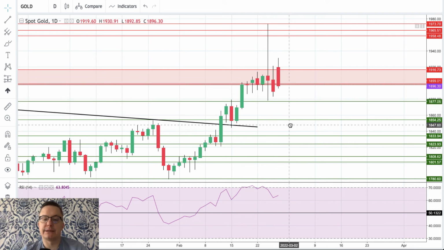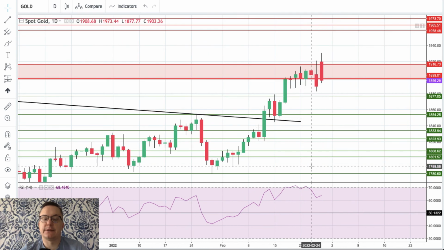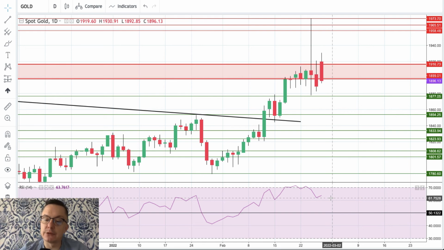Maybe the bears are back, but we need to take a look at the momentum as well, and the momentum shows us that we are still in the positive territory, and momentum is quite strong, 63 points right now. So maybe not all is lost on the spot gold market.